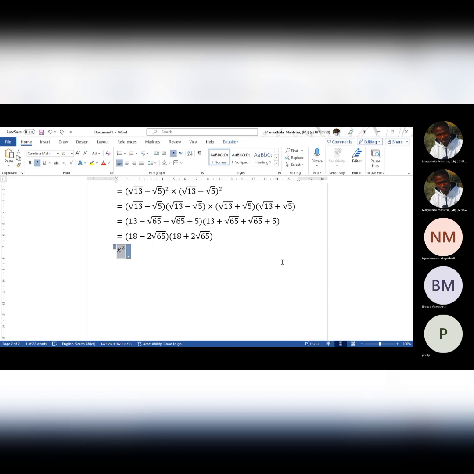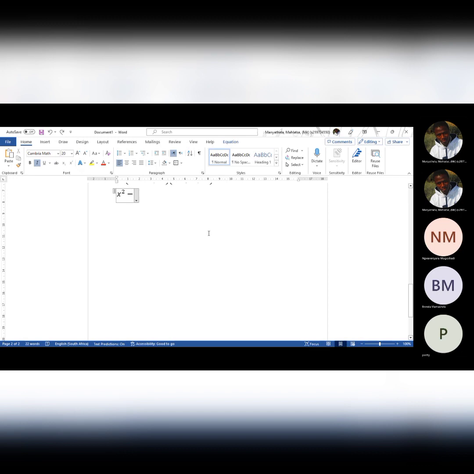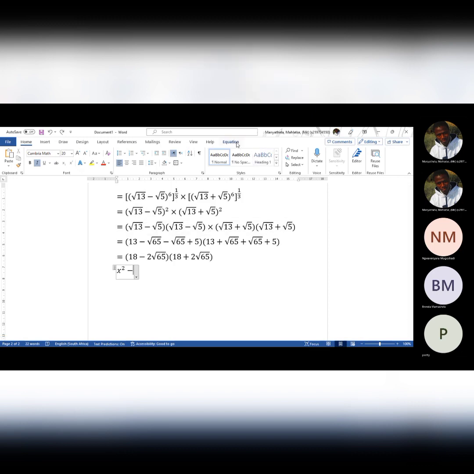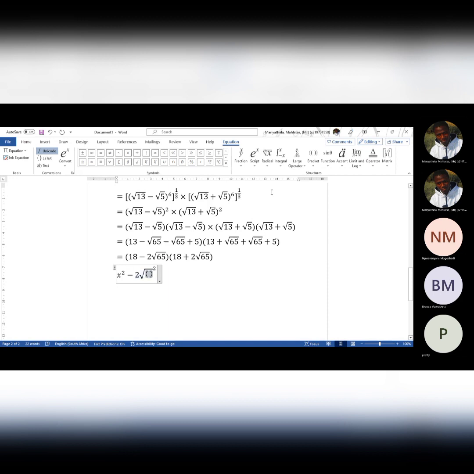Okay. So our y in this case, Kingi, to root 65. And our x is 18.